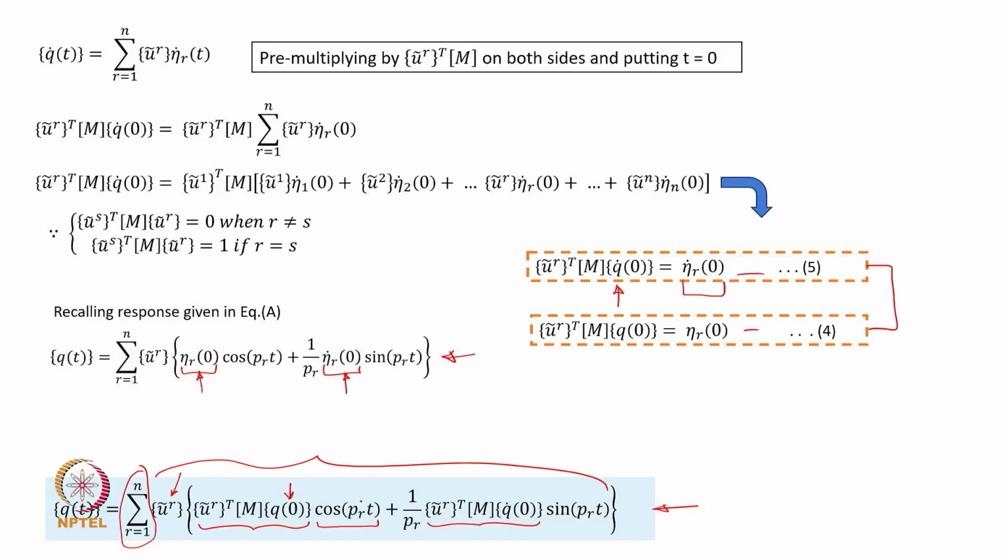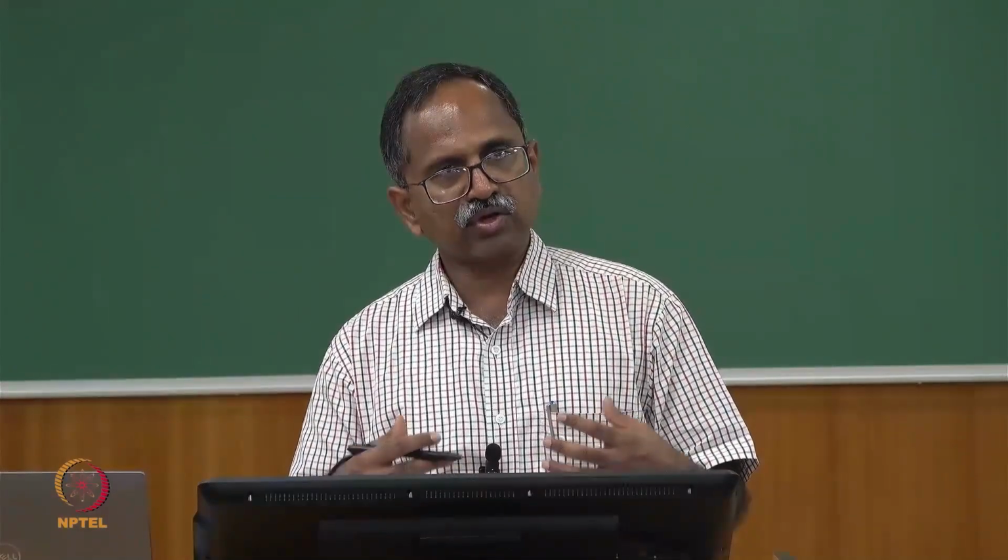That means P1 will contribute, P2 will contribute, P3 up to Pn will contribute, similarly for this particular term. Depending upon what initial conditions you have given, if you have given both the initial velocity as well as the initial displacement, then you will have the sine term contributing and the cosine term contributing, and the total response will get contributed from both of these terms.